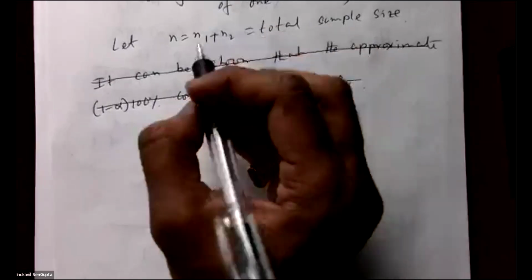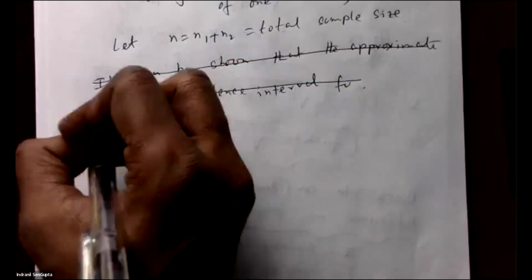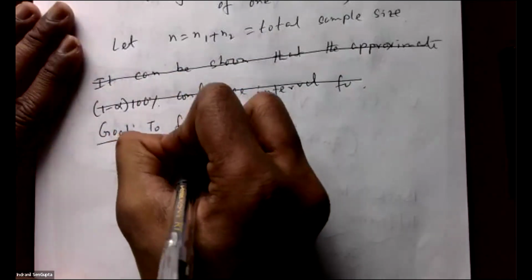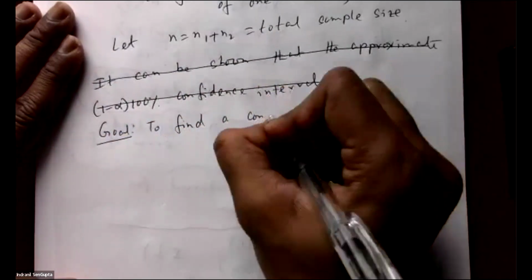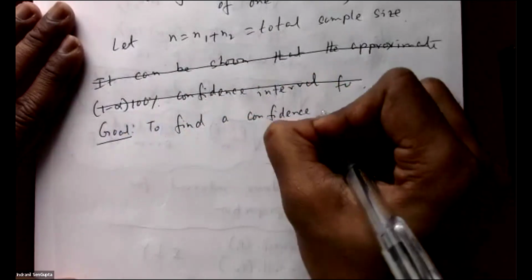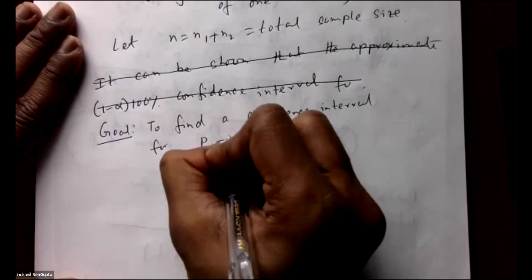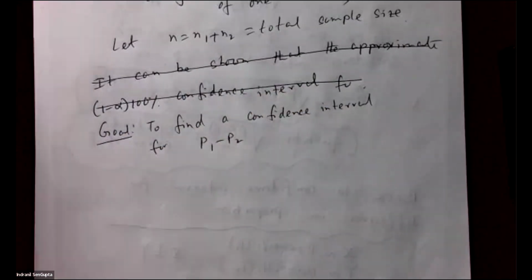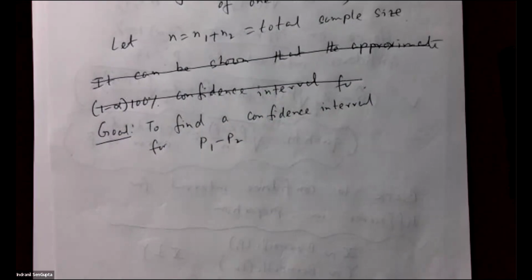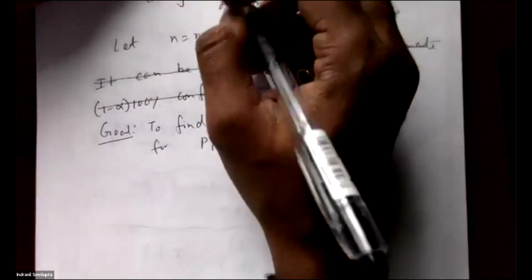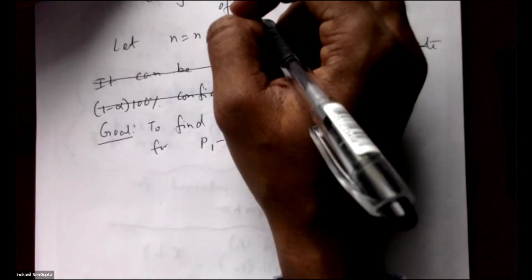The goal is once again to find a confidence interval for p1 minus p2. Now, p1 and p2 are unknown, since they are from the population. So what we can do is try to find those numbers for the samples.